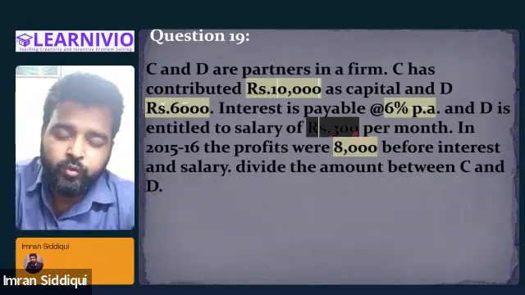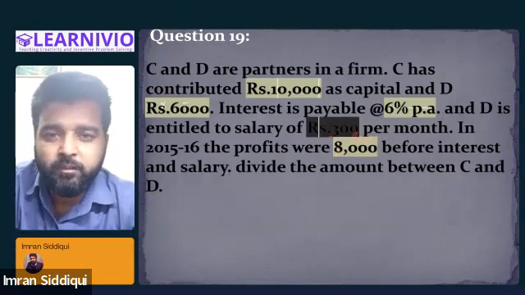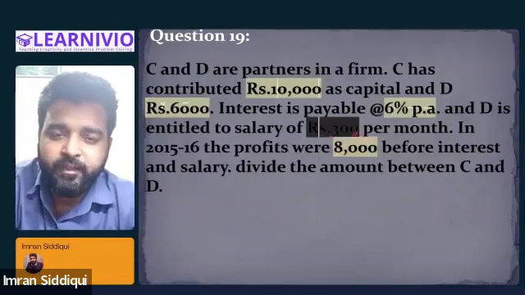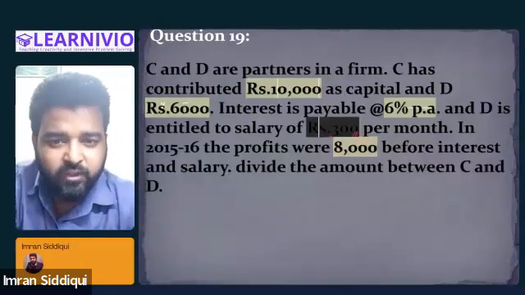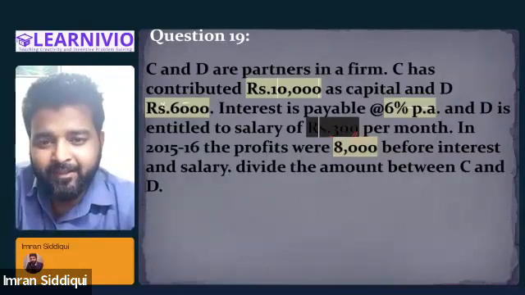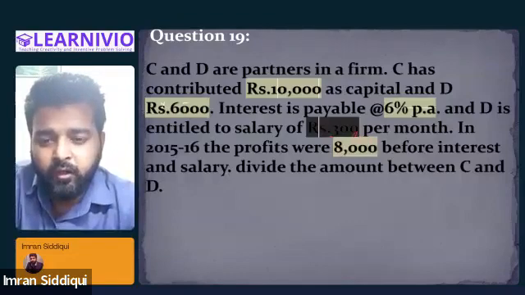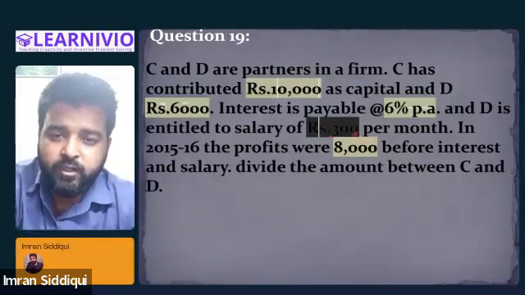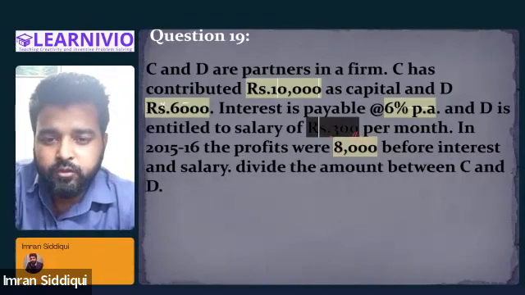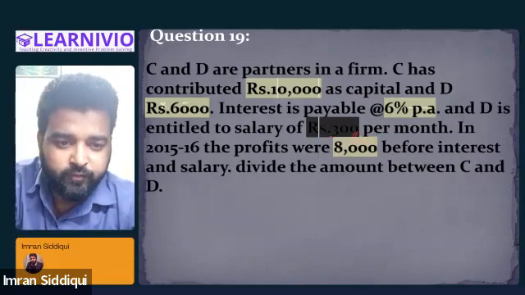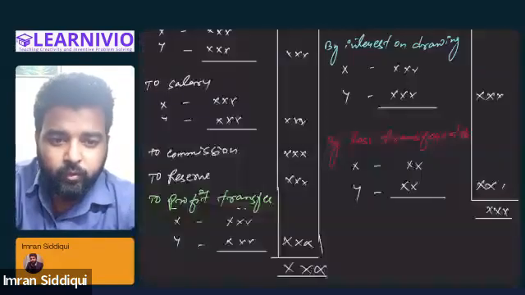We can show the distribution of profit among the partners even without forming the P&L appropriation account. But because we have just learned the concept and I wanted to apply it here in question number 19, we'll prepare the profit and loss appropriation account for this question. All right. So let me do this question for you, and I'll give you the other question to try on your own.